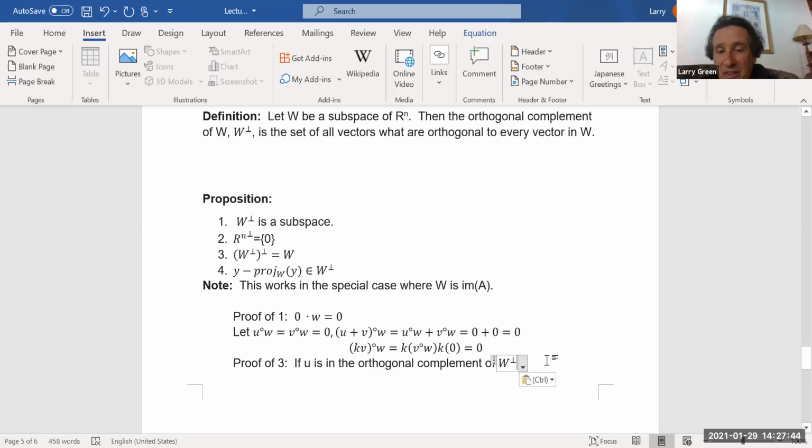We want to show U is in W, right? Well, then U dot W perp is equal to 0.